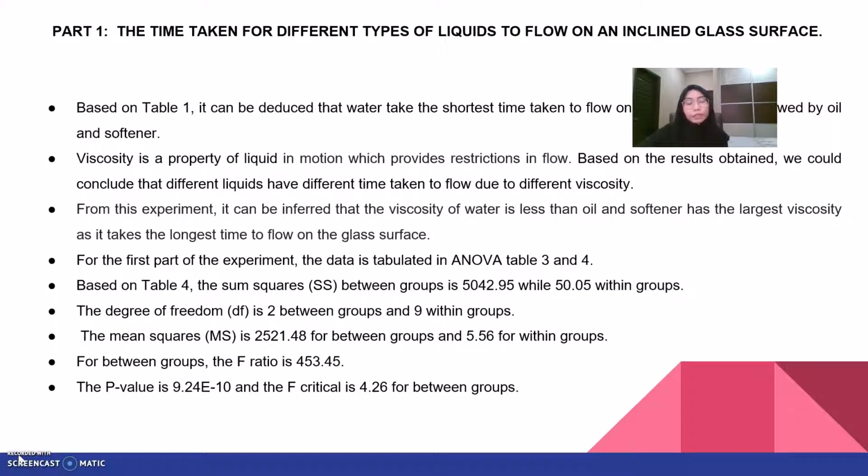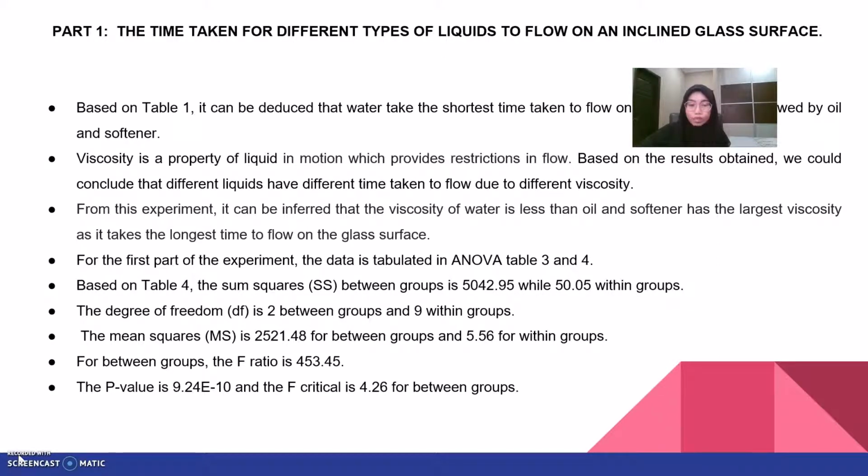For the first part of the experiment, the data is tabulated in ANOVA tables 3 and 4. Based on table 4, the sum of squares, SS, between groups is 5042.95 and 50.05 within groups. The degrees of freedom, df, are 2 between groups and 9 within groups.